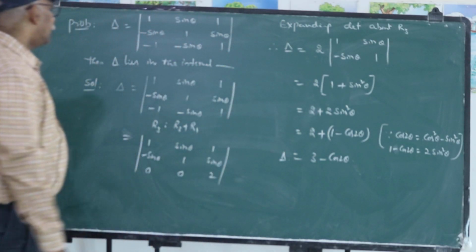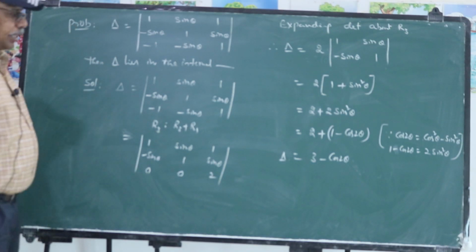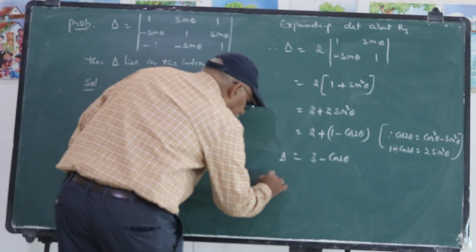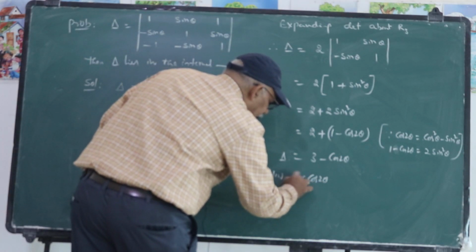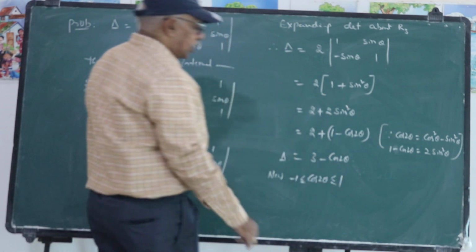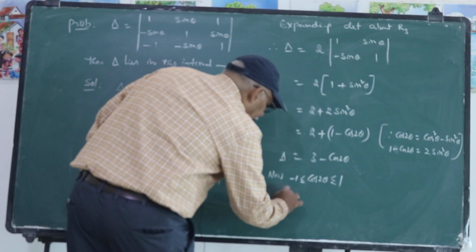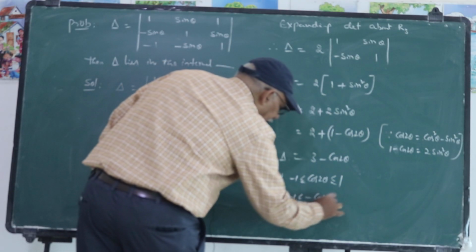Now the interval in which delta lies, that is our question. Cos 2 theta always lies between minus 1 and 1. Cos value always lies between minus 1 and 1. So minus cos 2 theta also lies between minus 1 and 1.